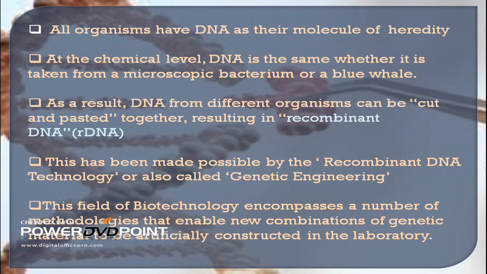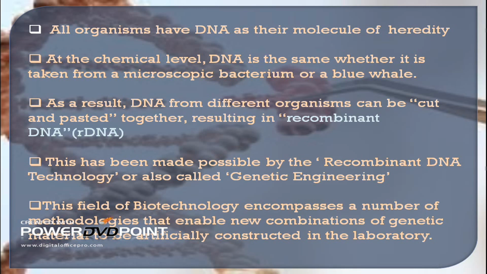As you all know, all organisms have DNA as their molecule of heredity. And if we see it at a chemical level, DNA is the same whether it is taken from a microscopic bacterium or a blue whale. That means DNA is made up of the same chemical components: sugar, phosphate and a combination of nitrogenous bases.